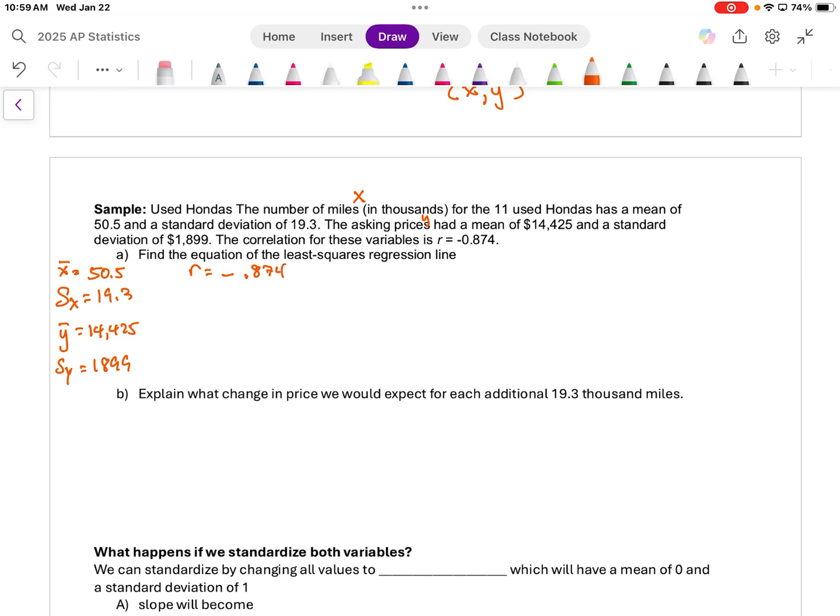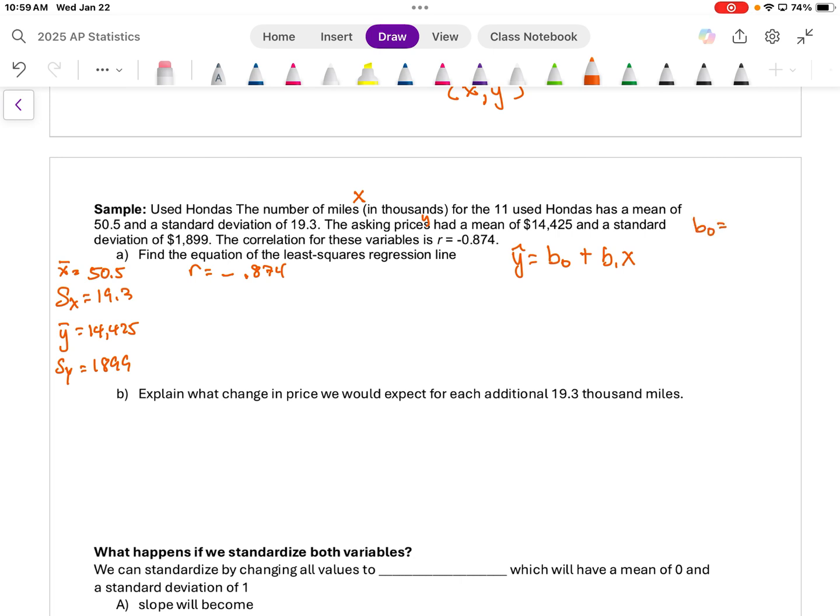They ask us to figure out the equation of the least squares regression line, so they asked us to come up with that y hat equation. Again, y hat equals b sub 0 plus b sub 1 times x. And how do we find b sub 0?